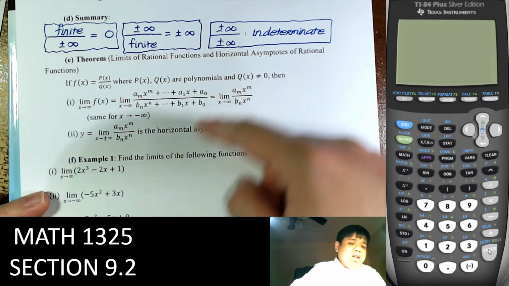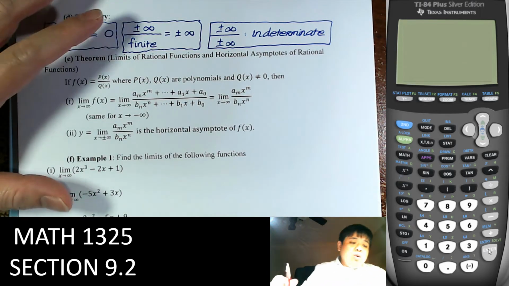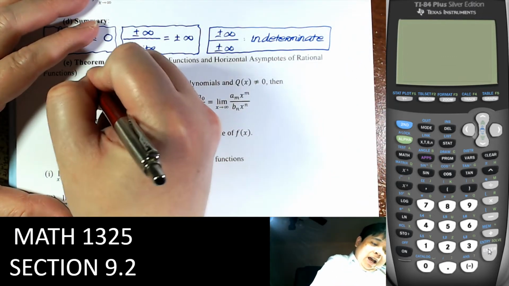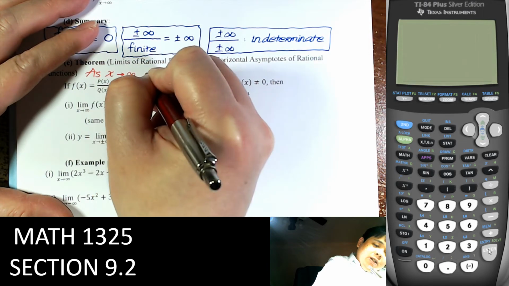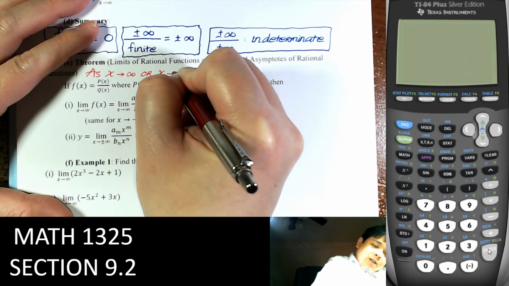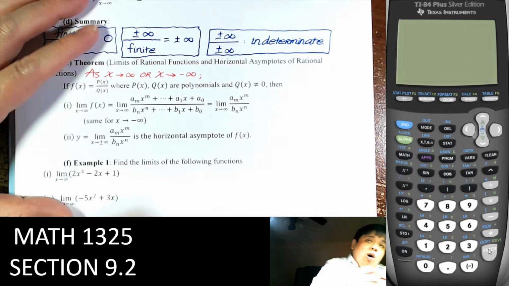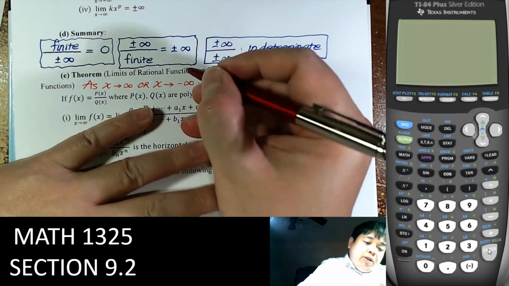To summarize all of this, as x goes to infinity or negative infinity, only the one with the highest power term matters.